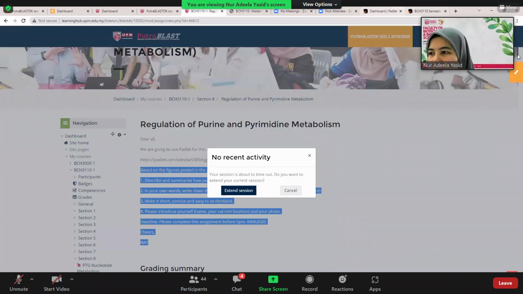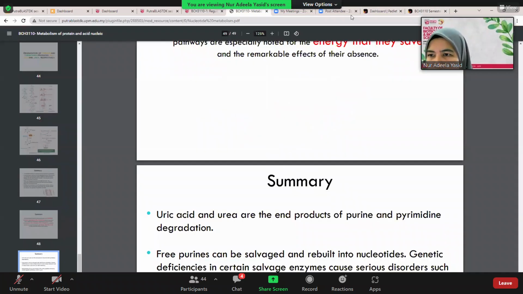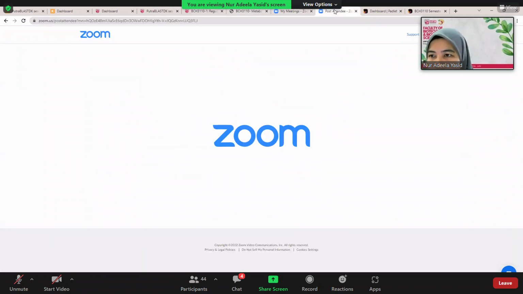Okay, sekejap saya terus masukkan kod. Macam mana saya nak buka saya punya ni? Macam mana saya nak stop sharing? Tiba-tiba blur.